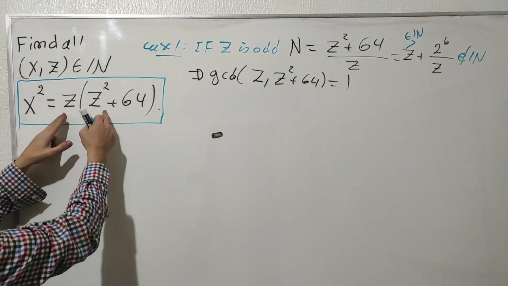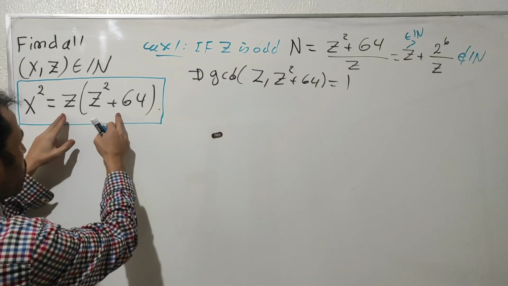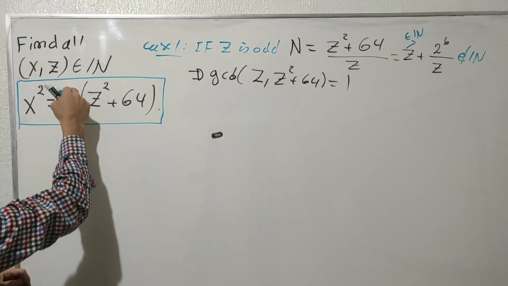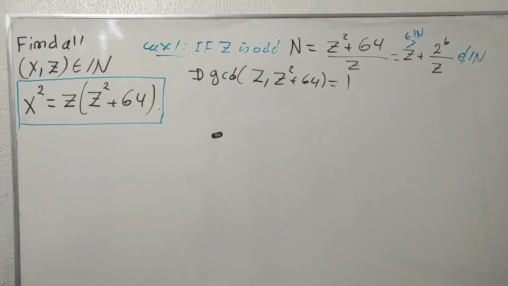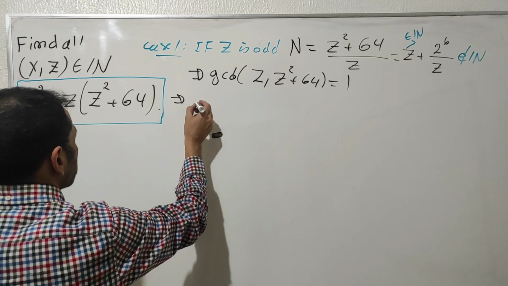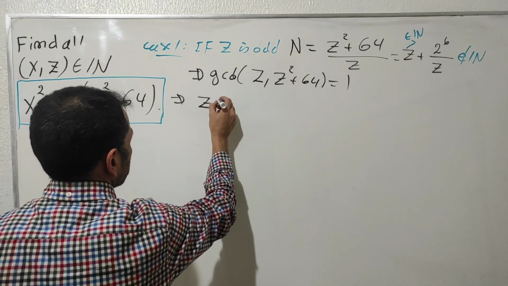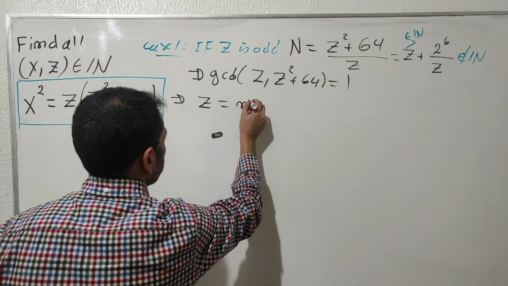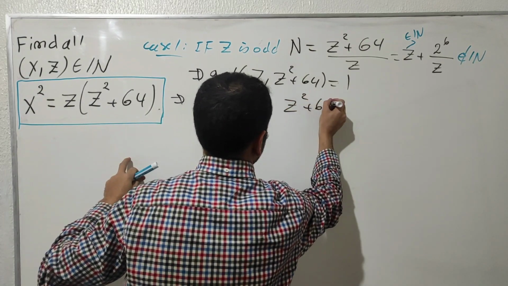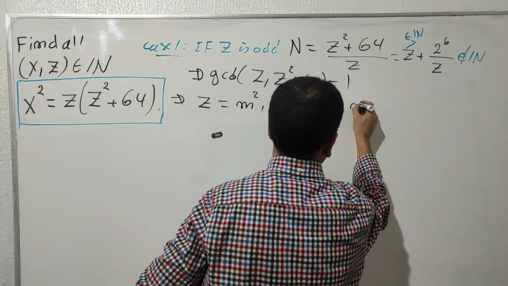Since the GCD of this product equals 1, every single term of this product must be a perfect square. This is a very well-known fact. So this immediately tells us z equals m squared, and z squared plus 64 is going to be n squared.